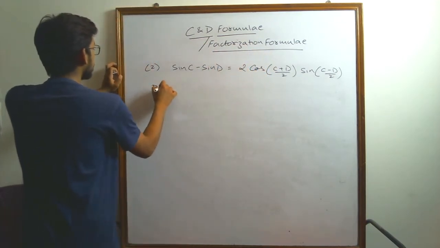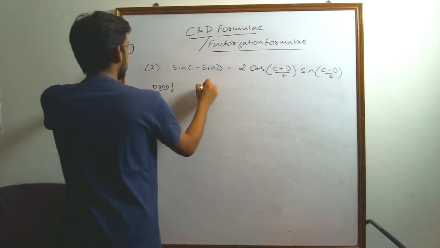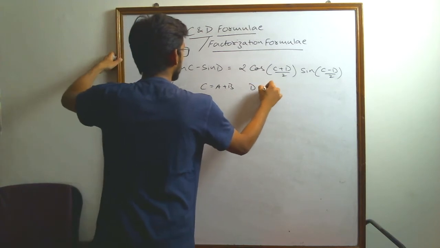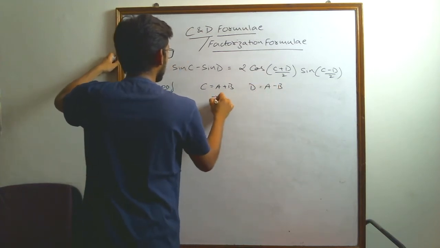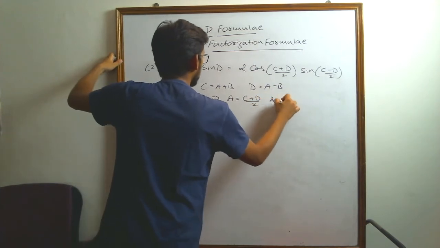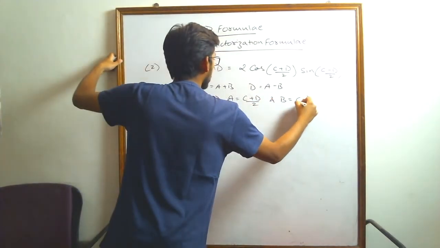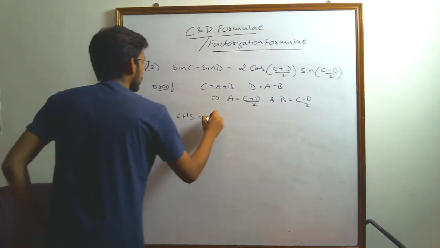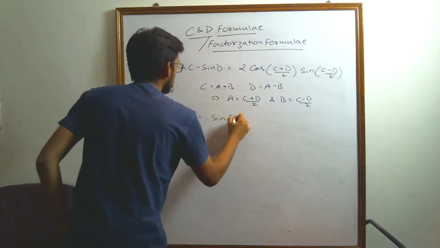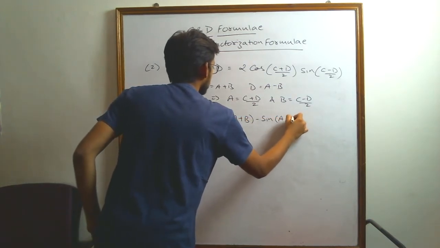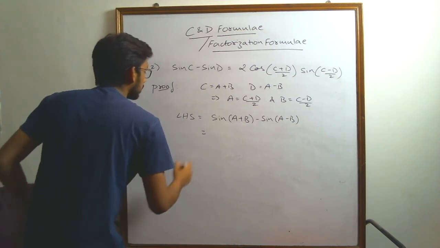Let's look at the proof. Again we suppose C as equal to A plus B, D as equal to A minus B. Then we get A is equal to (C plus D) by 2 as before, and B is equal to (C minus D) by 2. Now from the LHS, we will get sine (A plus B) minus sine (A minus B). Now let's expand them and then write this.